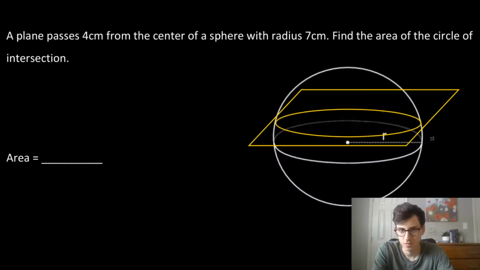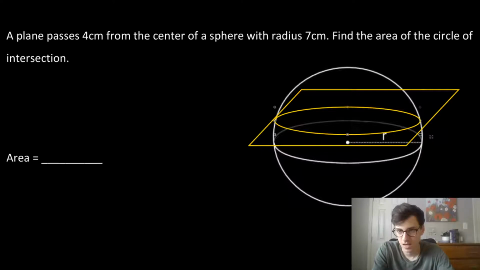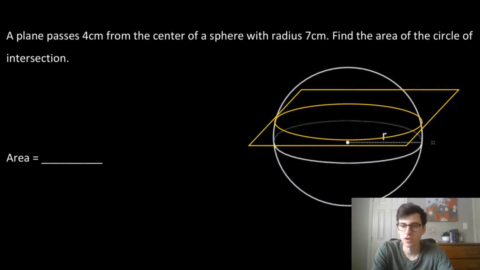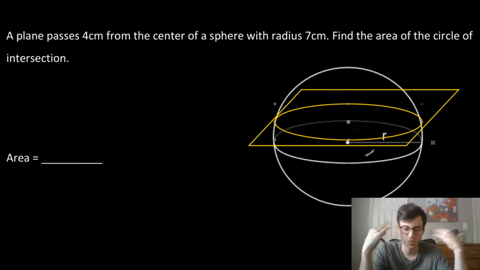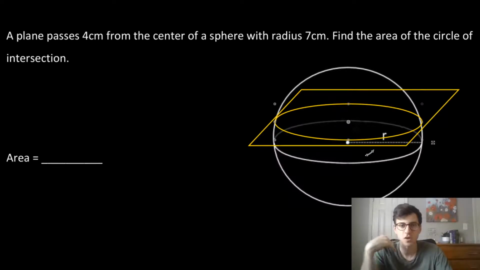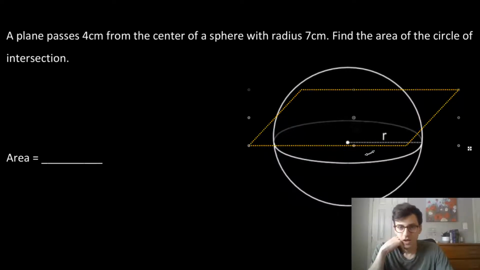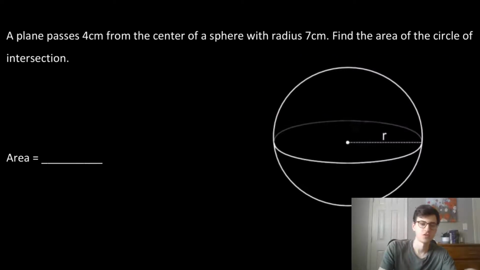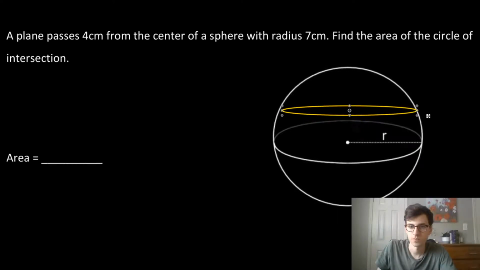You can see this plane is cutting out this circular shape from my sphere. I know it's not a perfect diagram, but I'm hoping that it gets something going in your brain. So let's make it a little bit simpler for us and just draw that circle. Okay, so we have this circle cut out from my sphere.